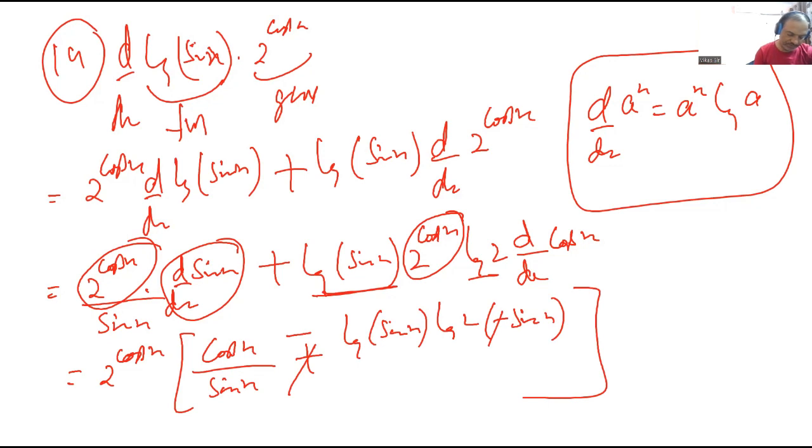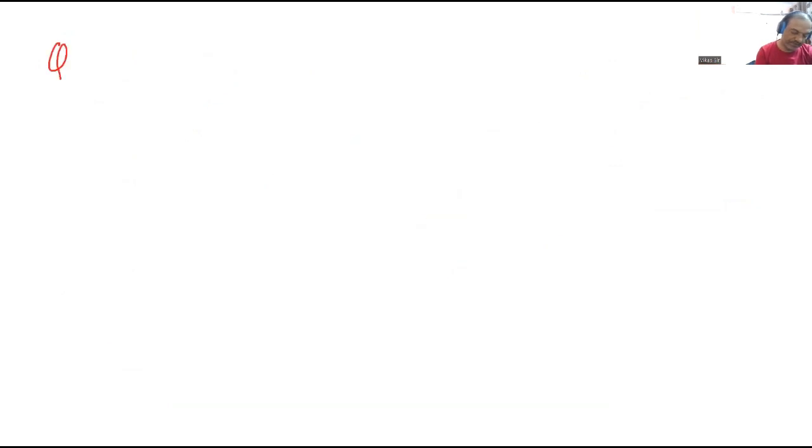Let's do one more question. I'm doing question number 15. Suppose this is a quotient rule question, and if I go with the quotient rule, what can I do here? You are having a question like this: d by dx of a raised to power 10x, and in the denominator, let's say you are having x raised to power 12.